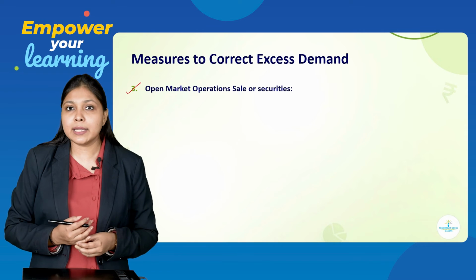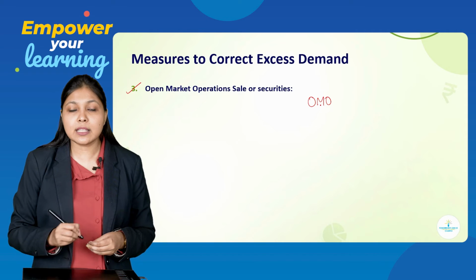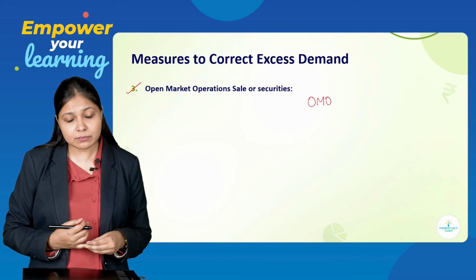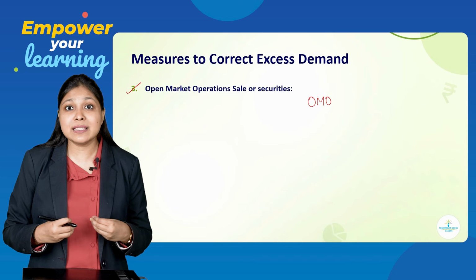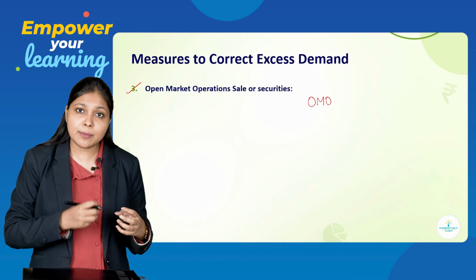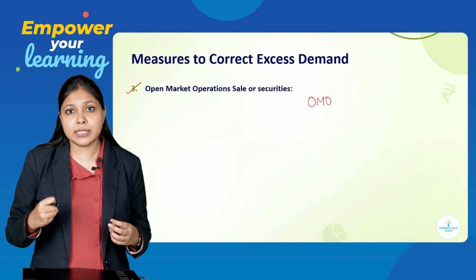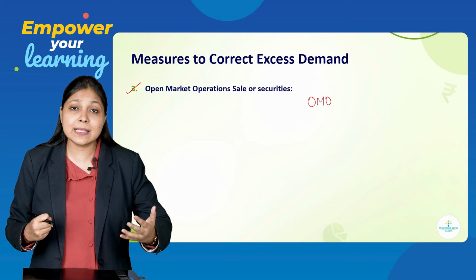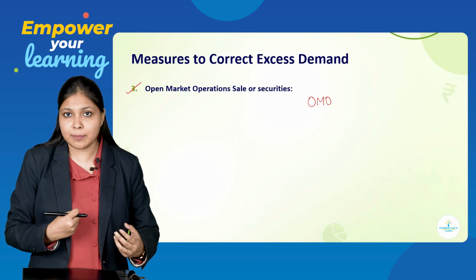Next is open market operations. We know what OMO is. Open market operation means nothing but buying and selling of securities by the central bank. So during the situation of excess demand, the central bank will sell its securities. And then what will happen? Commercial banks will get attracted to buy the securities of the central bank, and will invest their maximum money in buying the securities of the central bank.